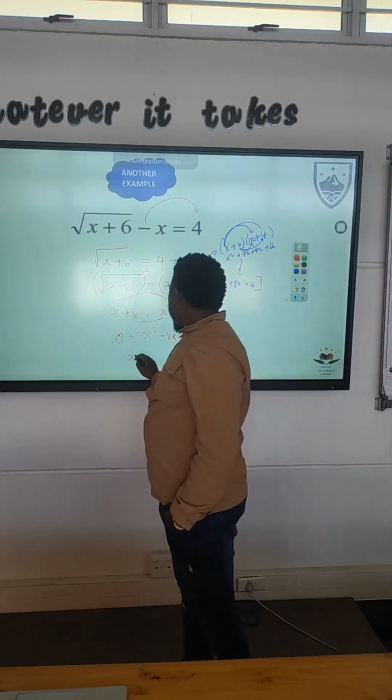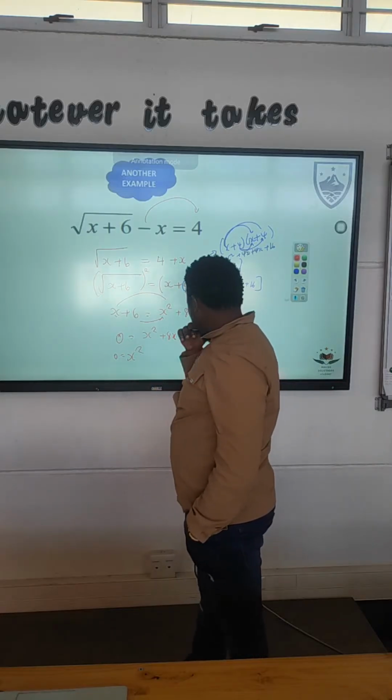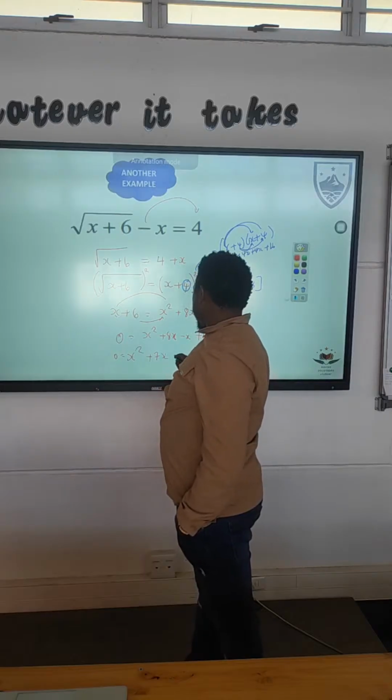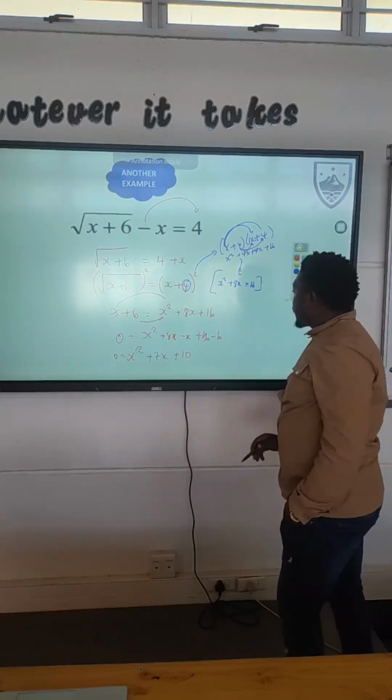So it means we have 0 equals x squared plus 7x plus 10. And then we have to factorize that.